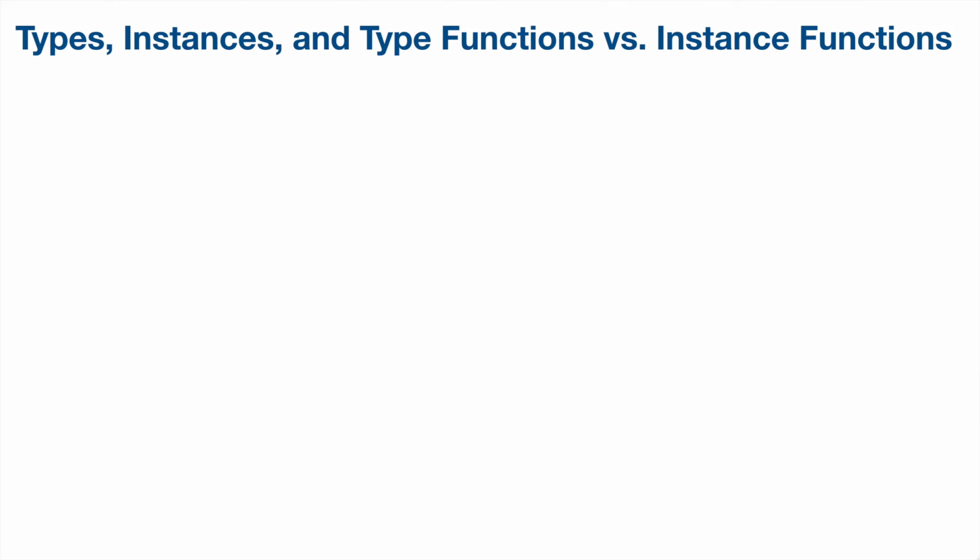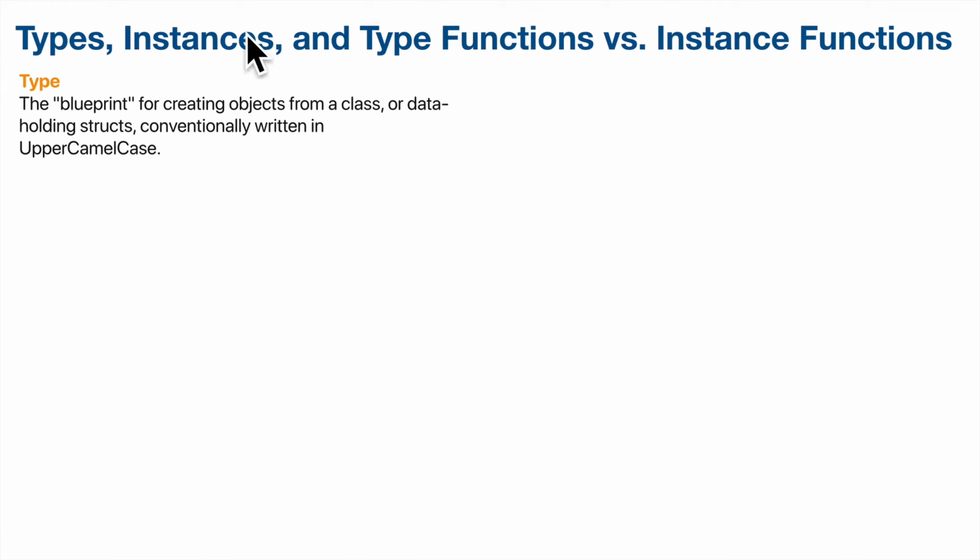Now before we continue, let's clarify some key concepts and terms. So a type is sort of like a blueprint. It describes a thing that our Swift code can create, and by convention, types are written in upper camel case. So when we talk about types, we're talking about things like a string and how a string is described or represented, a double, how a double is represented, or we can create custom types. We've already done that with our custom struct.